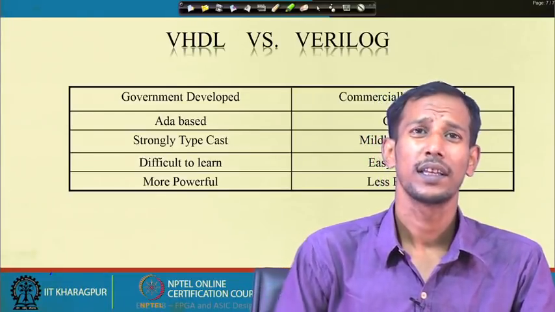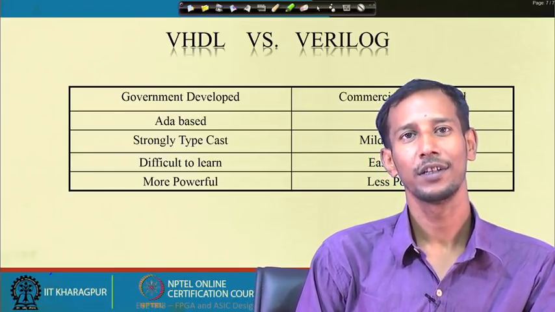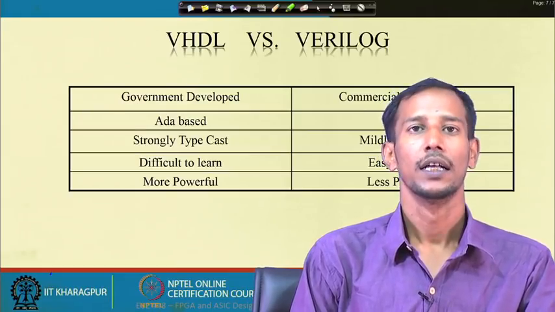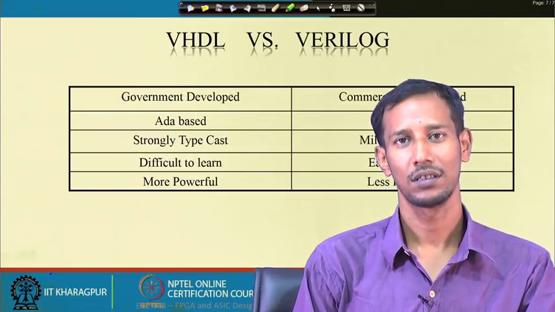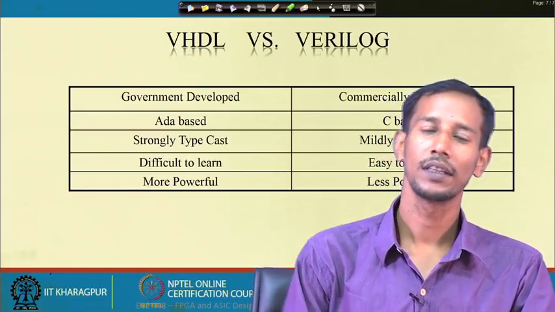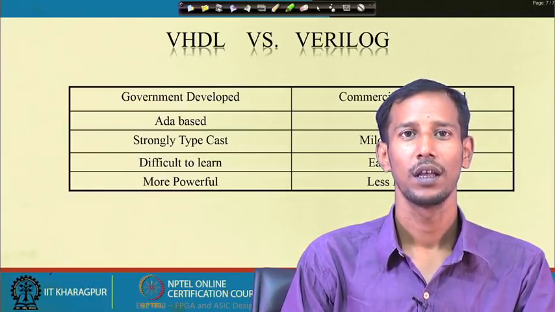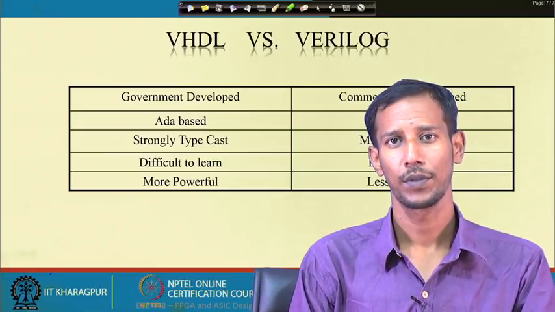Here is one slide regarding VHDL versus Verilog. What is VHDL and what is Verilog? I am telling you about designing one system, or how VLSI design passes through particular phases, but how can you describe the circuit?